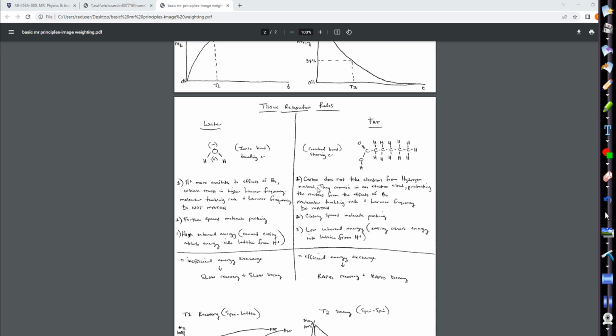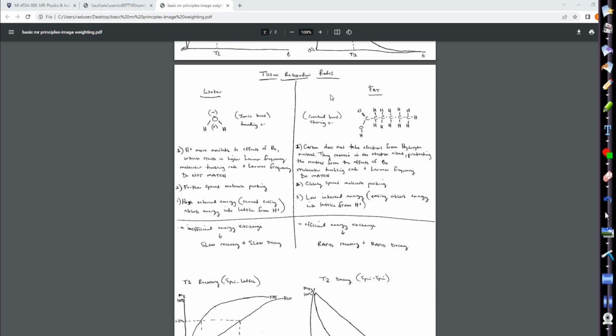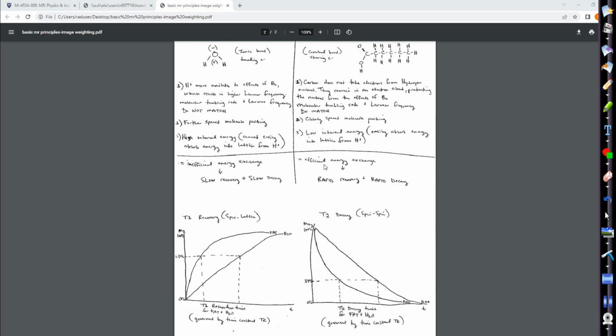Okay? So all in all, water, we can say, has an inefficient energy exchange with its surrounding environment, lattice, and neighboring spins. So it has a slow recovery and a slow decay. But on the other hand, fat has a very efficient energy exchange, so it's going to have a rapid recovery and a rapid decay.